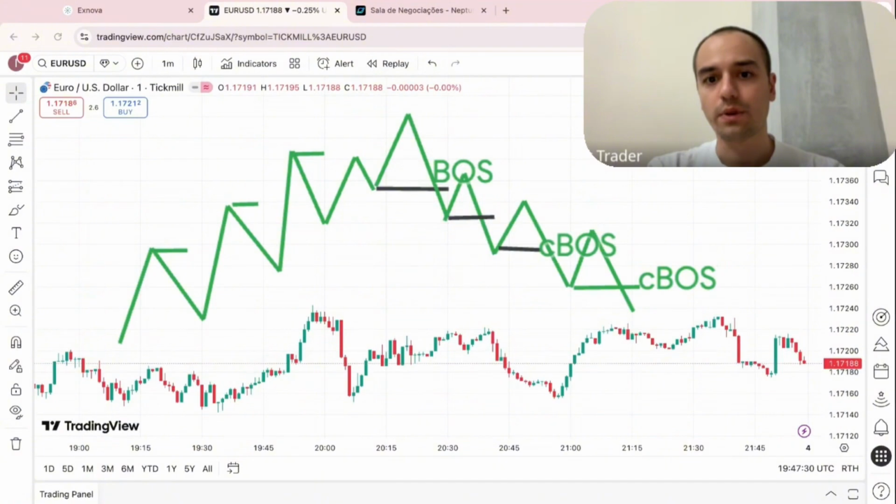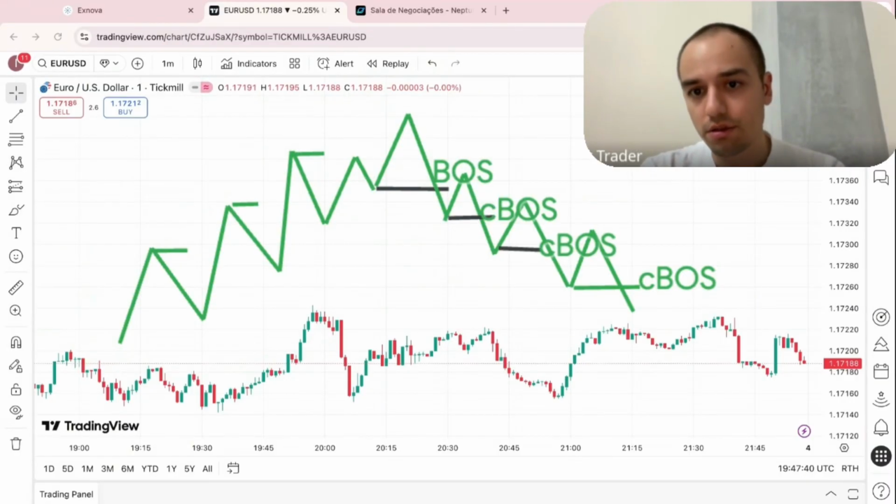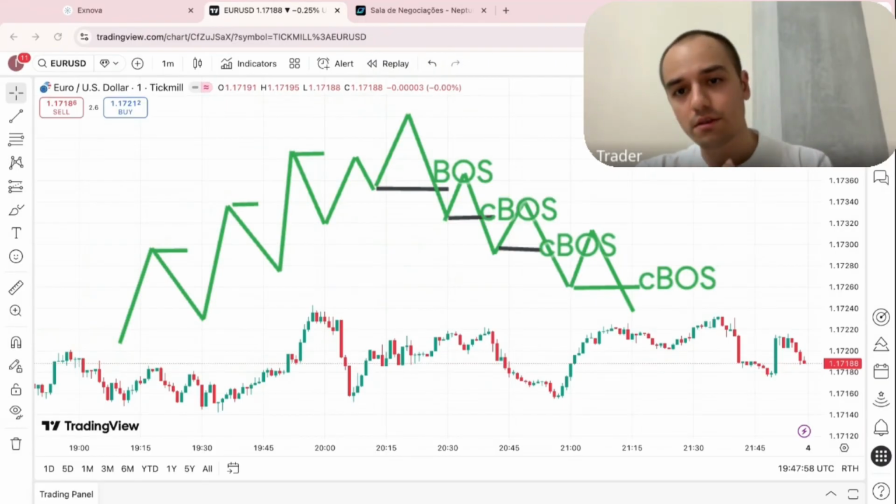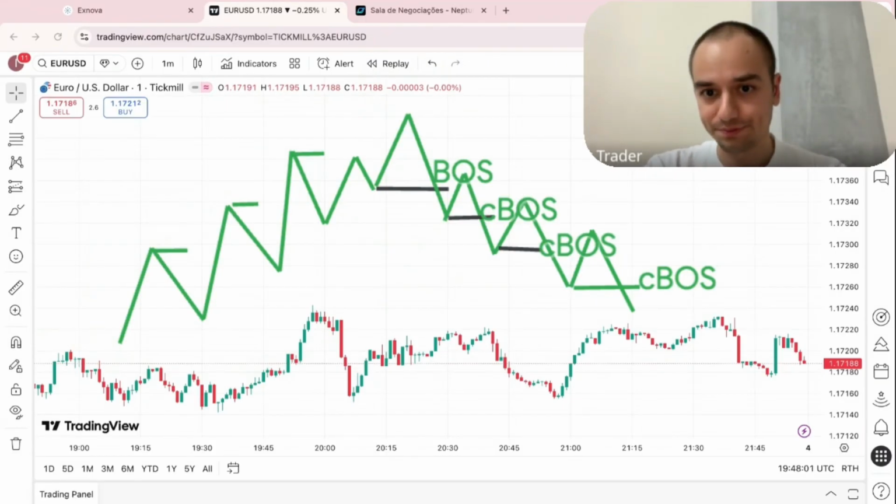That's when we have the confirmations. For example, we could see a point for opening long positions, but after the break of structure, here we would be looking for a position to short. And in the moment when the price is unable to continue the trade, we will have another cBOS. That's as simple as that.